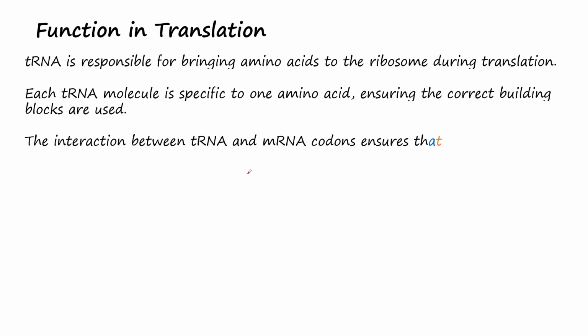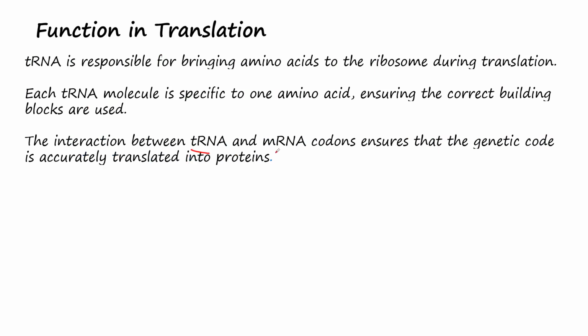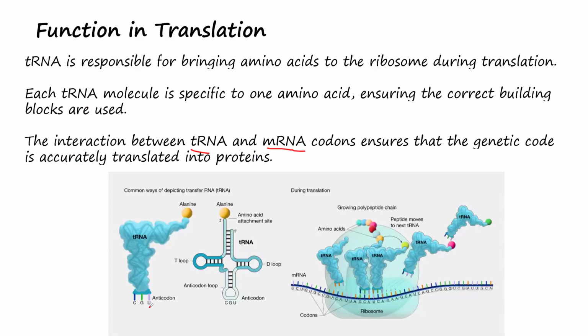The interaction between transfer RNA and mRNA codons ensures that the genetic code is accurately translated into protein. So let's see. This is a transfer RNA with its anticodon, and the anticodon here is CGU, and it carries the amino acid alanine. You can see that it carries the amino acid alanine at the 3' end.